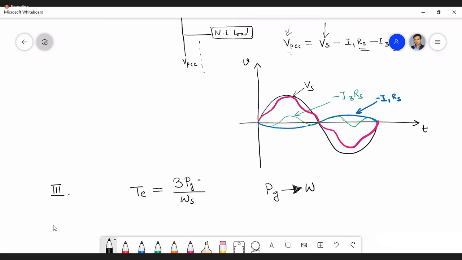If I consider the same VI as input, what will this torque be, because other quantities are not varying? What will this PG, this active power be? Will it remain the same for the non-sinusoidal assumption as well?